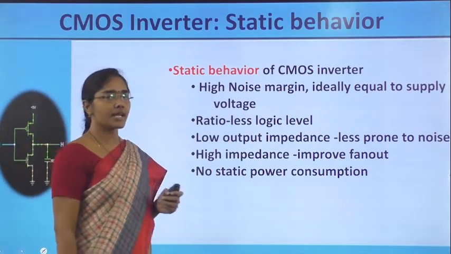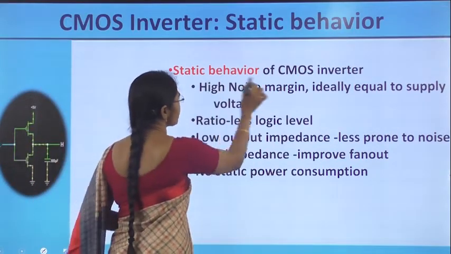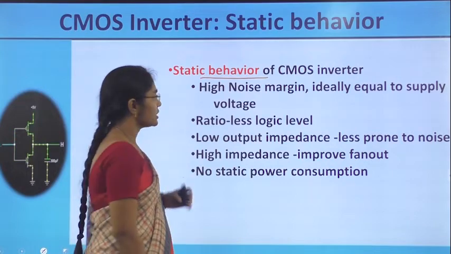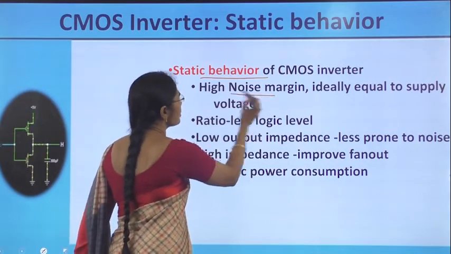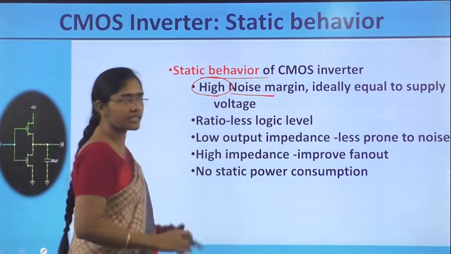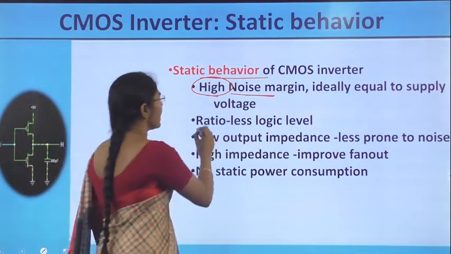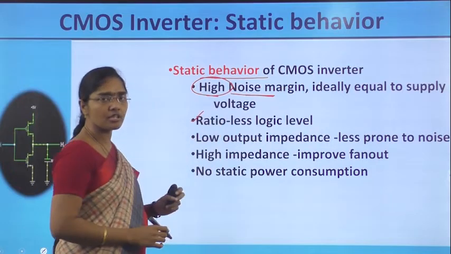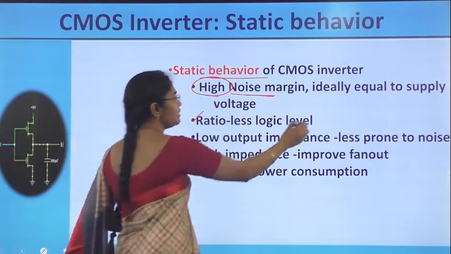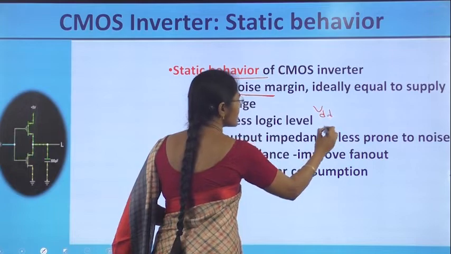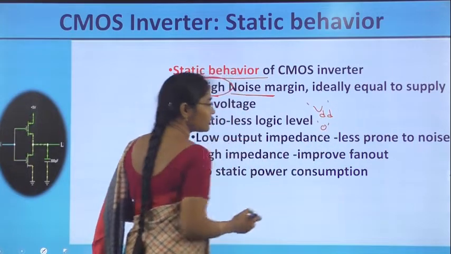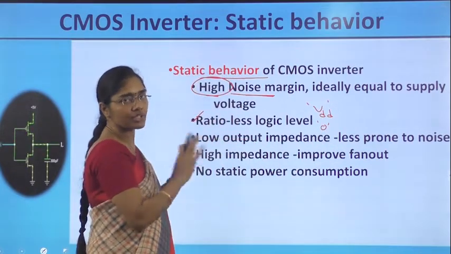Let us see the static behavior of this CMOS inverter. First, noise margin. Noise margin is high and it is equivalent to supply voltage. That is, noise margin is very high. And it is ratioless logic level, means output values of VDD and logic 0 are not a function of the sizing of the transistors.